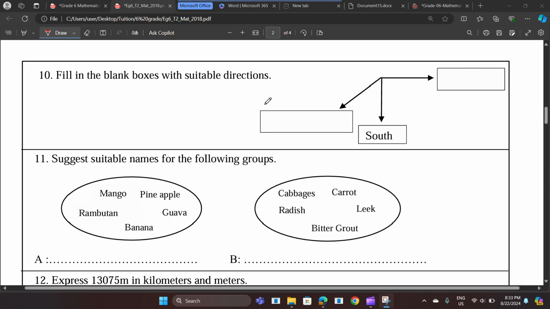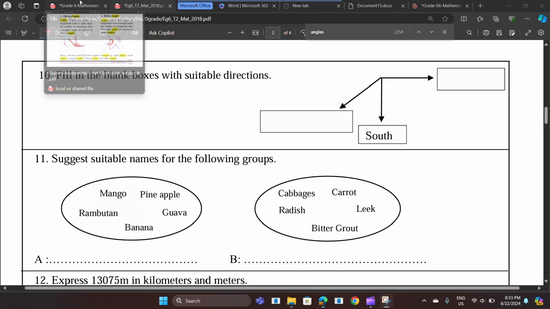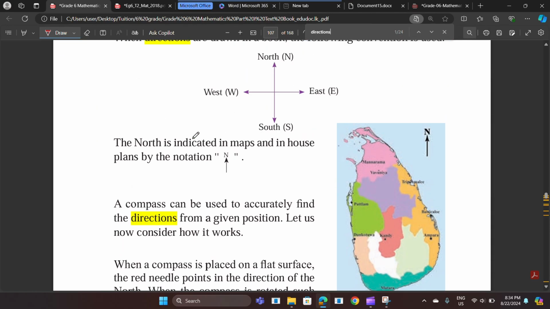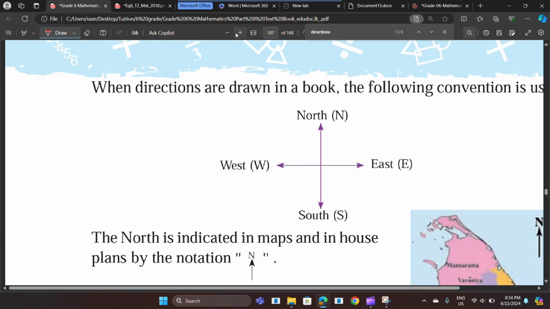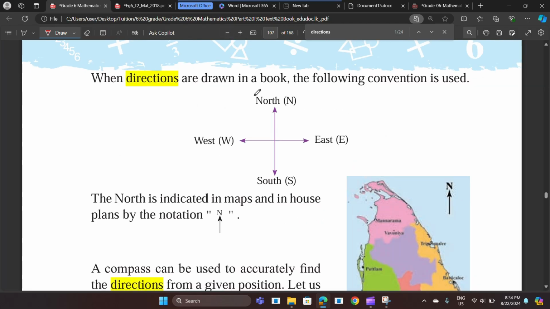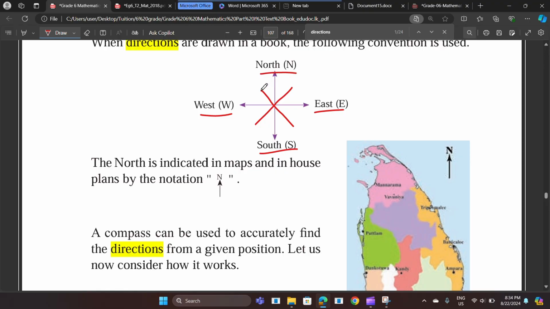In question number 10, fill in the blank boxes with suitable direction. You know there are 8 directions and 4 main directions. The main directions are north, east, south, and west. Inside these, in between these directions, there are 4 more directions.